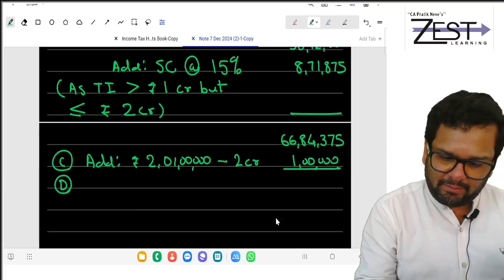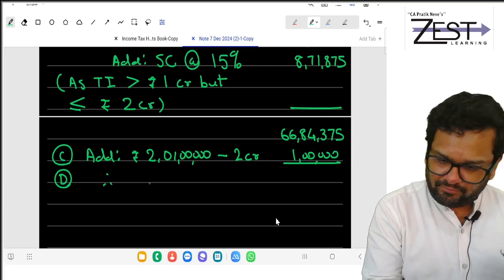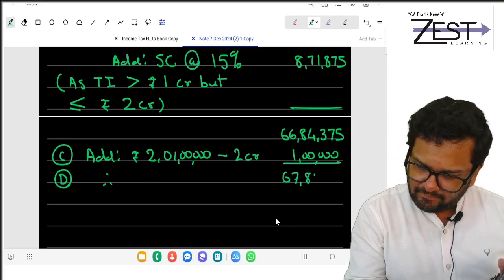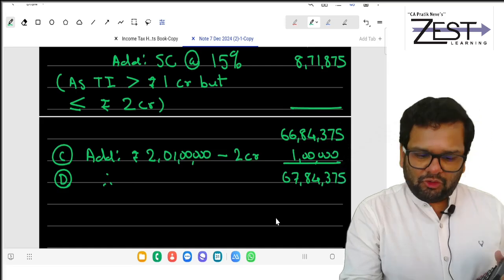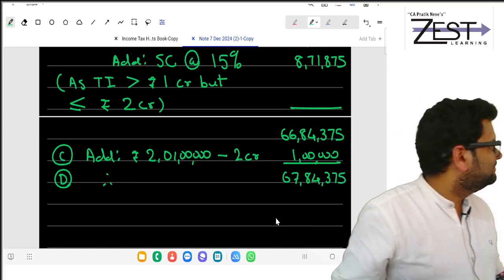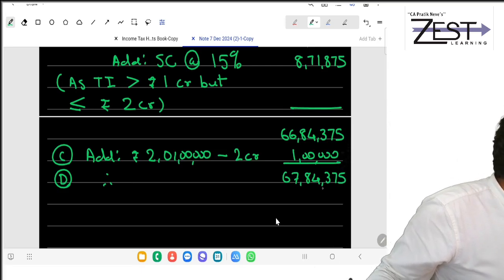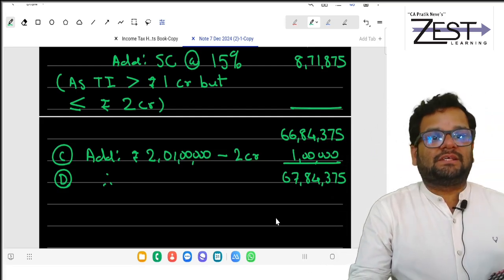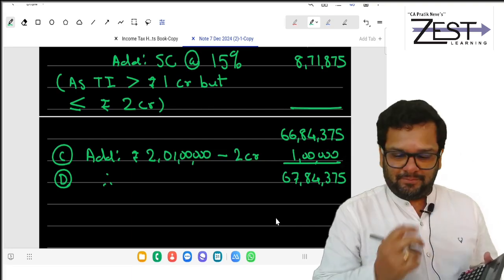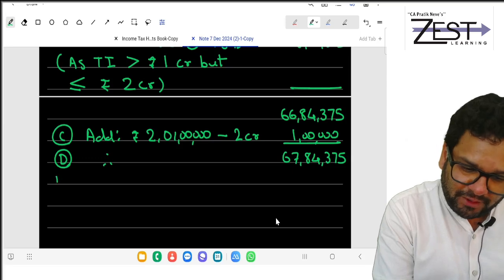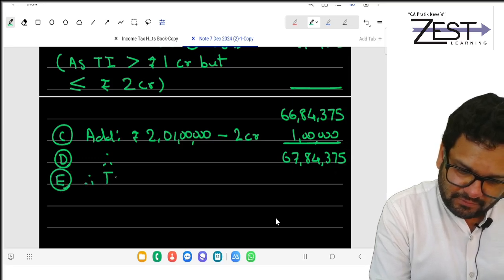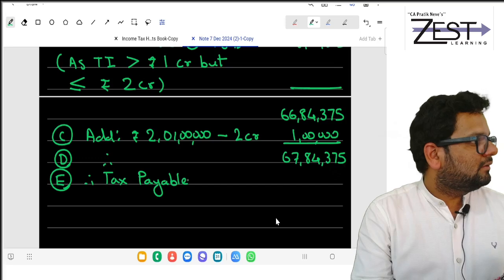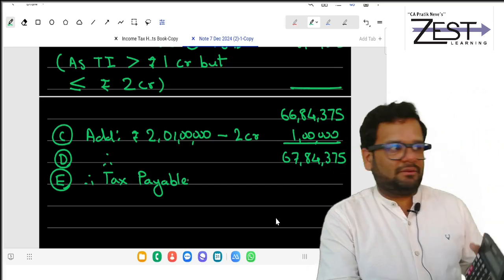And now tell me what is your liability? Means total 67 lakh. What do you want to pay? 67 lakh 84,375. What will you pay, friends? Therefore, tax payable is finally what?